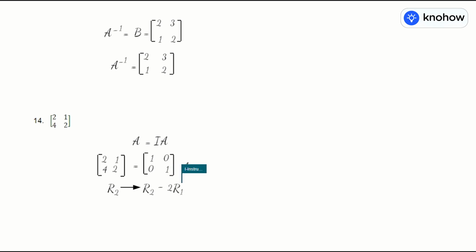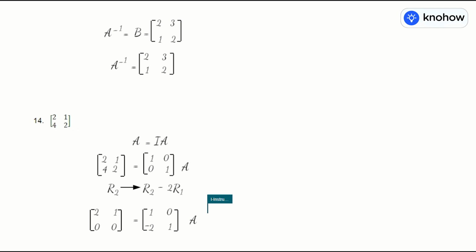It will be the first row 2, 1 as such. In the second row 4 minus 2 times 2, that is 0, and 2 minus 2 is 0, and of course on the right side you get 1, 0, minus 2, 1. It doesn't matter, we continue to write. So what do you observe here?